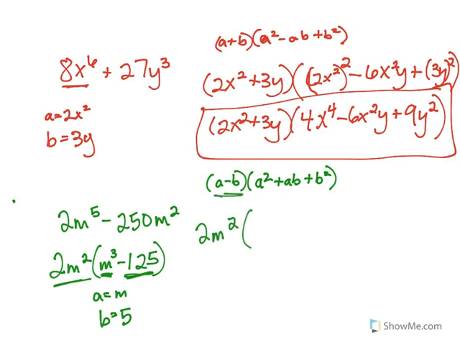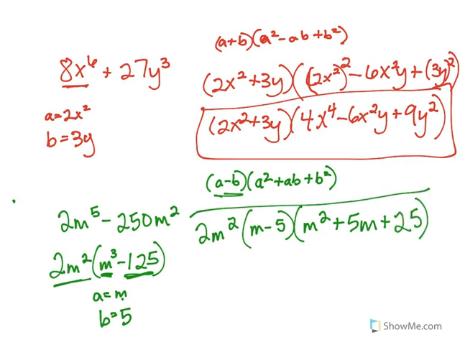So a minus b, which is m minus 5, a squared, which is m squared, plus multiply a and b, which is 5m, and then b squared, which is 5 squared. That is my answer. That one's not too bad.